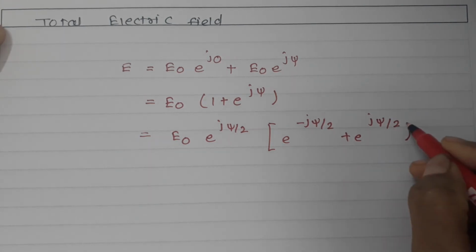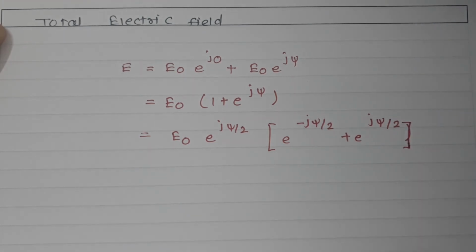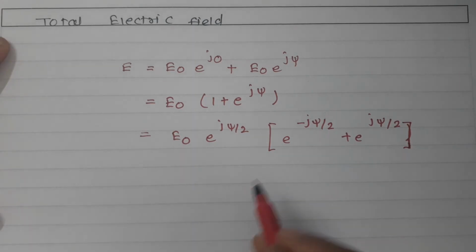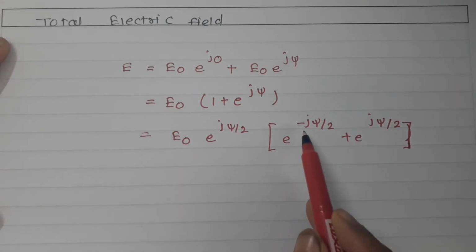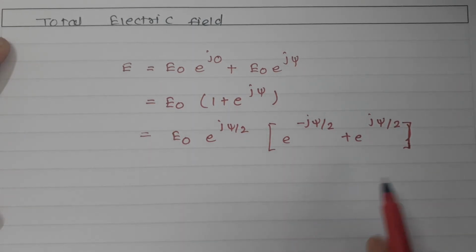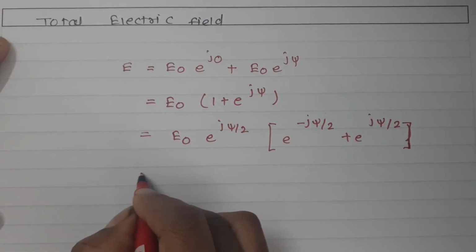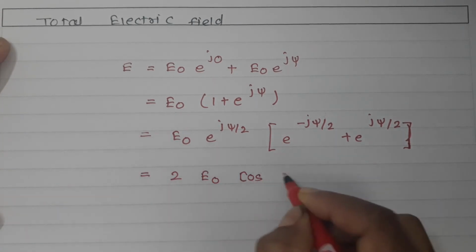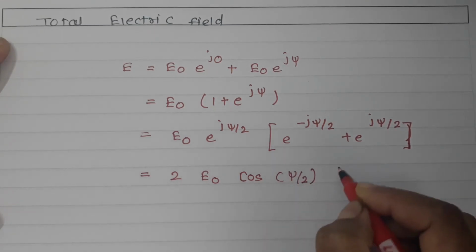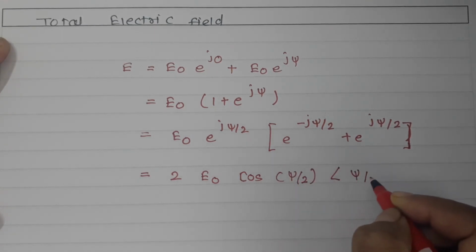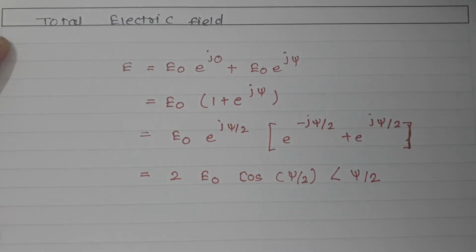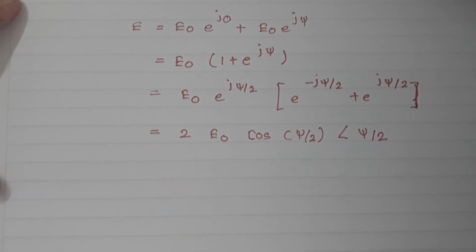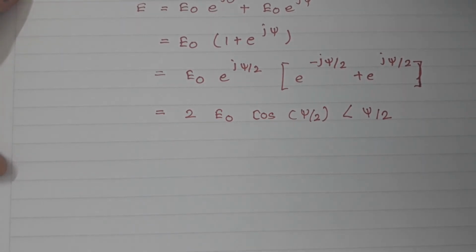As we know, cos theta is equal to (e raised to minus j theta plus e raised to j theta) divided by 2. So this equation will become 2E0 cos of psi by 2, with the angle psi by 2. Now let us consider that whatever field we are getting is the normalized field.